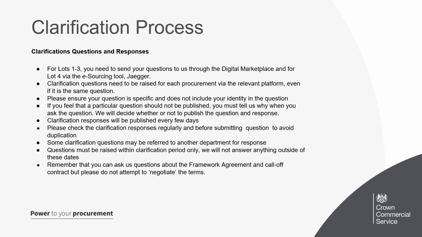We aim to answer your questions as soon as possible, but some of them may need to be referred to other departments, and this could affect the turnaround time. Whilst we welcome the opportunity to answer your questions and clarify the procurement process and how the framework and call-offs work, please remember that this is not an opportunity to negotiate the terms of G-Cloud 13.